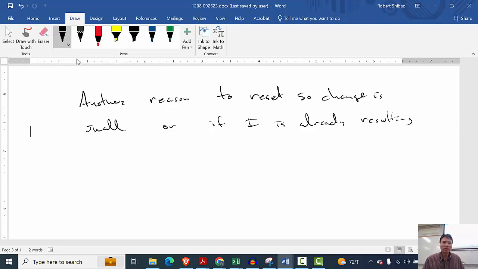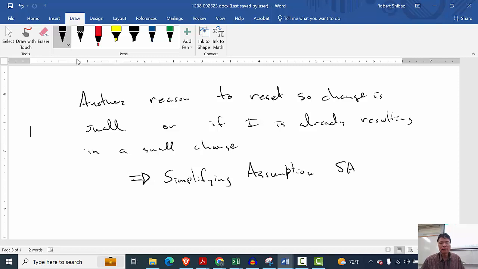If I is already resulting in a small change, then we're going to try this other trick. This other trick is called the simplifying assumption. The SA.